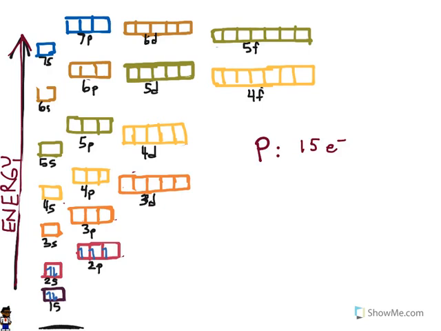Up, up, up, and then we go back and double up, and they will have the opposite spin. So far we've spent 10 electrons. We have 5 more to go. Well, we know that we're going to fill the 3s, and then we have 3 electrons left, and they will go up, up, and up. So if we wanted to show the orbital filling in a straight line, it would look like this.